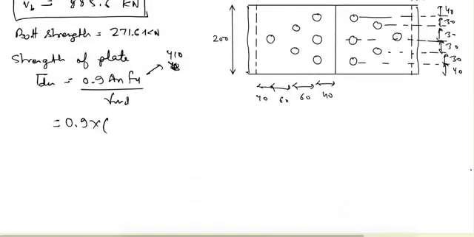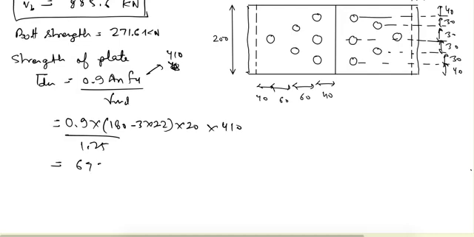So 180 minus 3 into 22 multiplied by 20, and the value of Fu is 410 divided by 1.25, that is the partial safety factor for ultimate stress. From here we get the strength of plate at the critical section in rupture as 673.056 kilonewton.